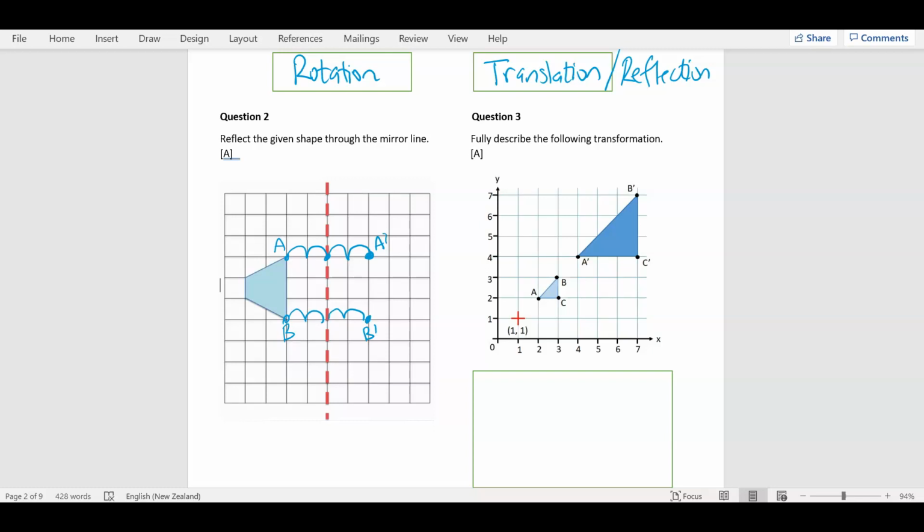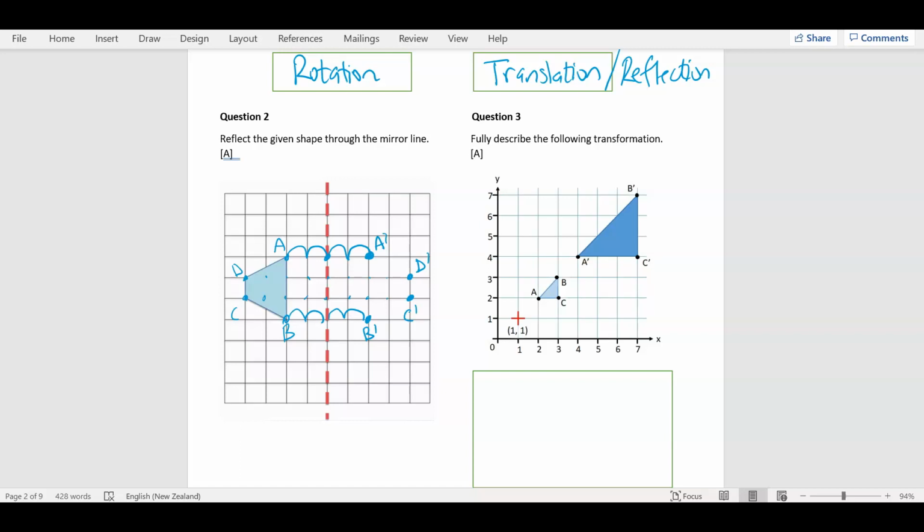We're then going to do the same, or maybe call it point C up here. So we've got 1, 2, 3, 4 units away. So 1, 2, 3, 4 units away will be C dash. And the final one up the top, point D, same thing, 1, 2, 3, 4 units away from the mirror line. We're going to go across 4 extra. 1, 2, 3, 4. That there would be D dash or D prime.